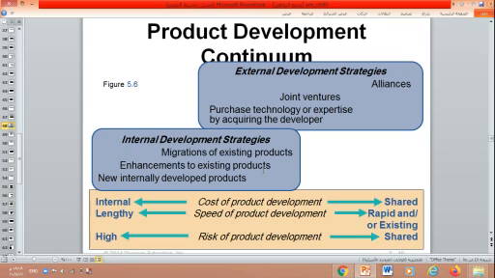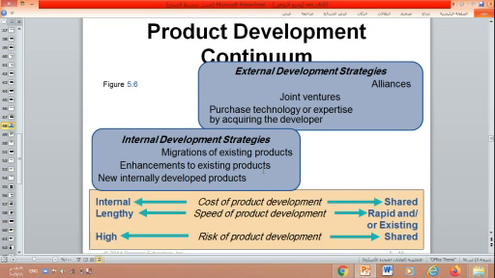The external development strategies are such as strategic alliances, joint ventures, and acquiring technology or expertise by acquiring the developer. فلو احنا عايزين هذه التكنولوجيا أنا ممكن أشتريها كلها، والإكسبرتيز ممكن أقوم بعملية acquiring for those expertise حتى يتم تطوير المنتج الخاص فيه.